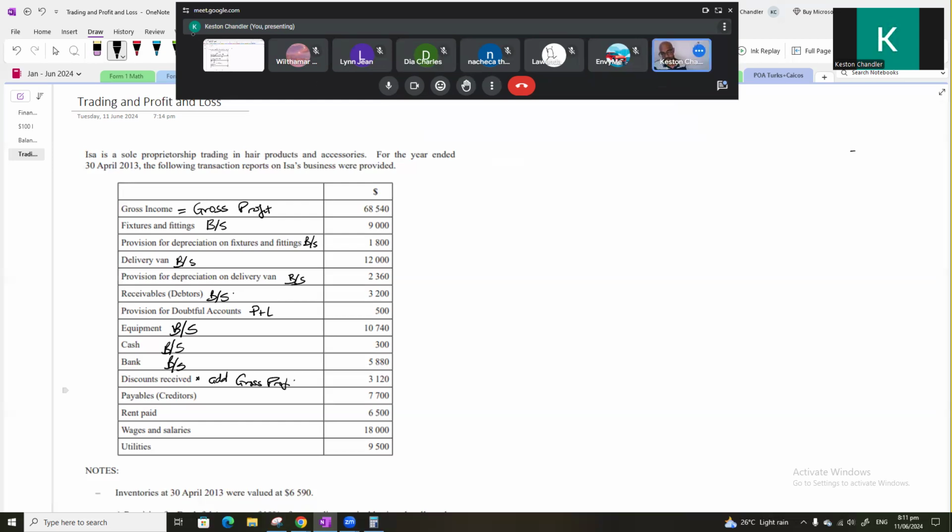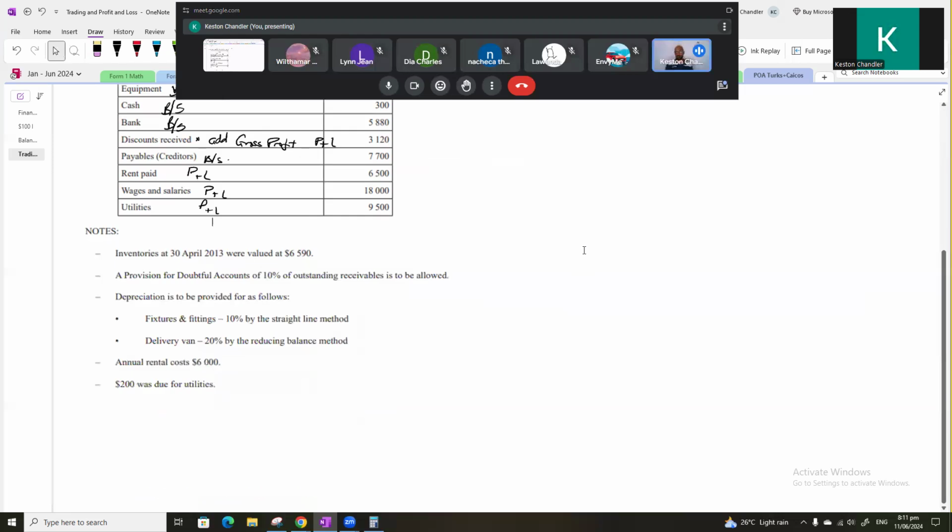And this is also a profit and loss item. Creditors, balance sheet, rent paid, profit and loss, wages and salaries, profit and loss, utilities, profit and loss. Notice my approach to the question. I went through the entire statement and I identified which figures are going to go in my income statement and which are going to go in my balance sheet. Then I move down to the notes.